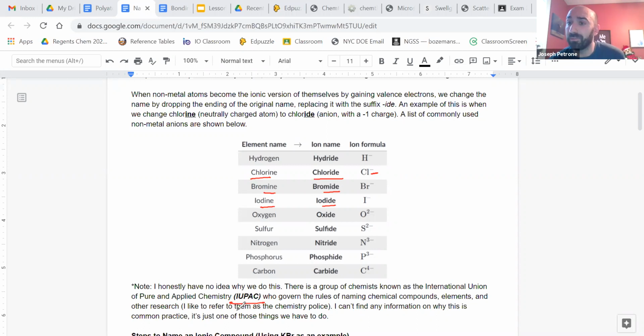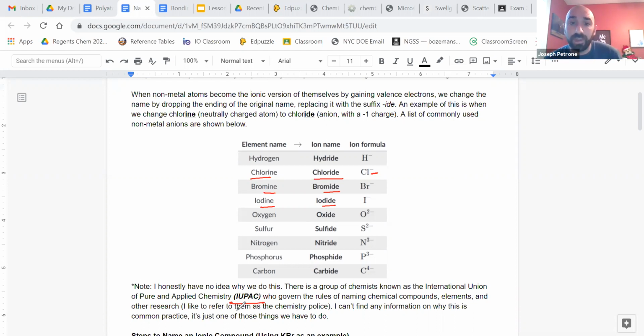That term sometimes comes up in Regents questions. So if you ever see that, it's just literally people in charge of naming chemical compounds, elements, other types of research. I like to call them the chemistry police. So they just make all the rules about this stuff. Once again, I have no idea why we do this. It's just common practice, and it's something I expect you guys to follow along with.